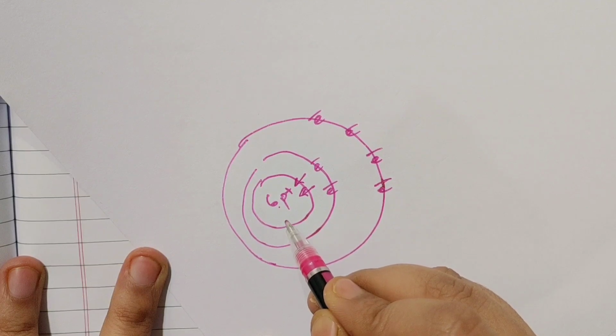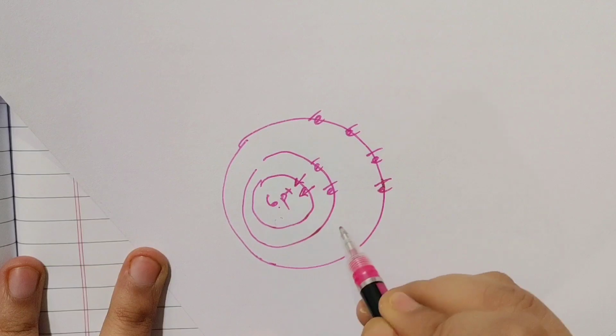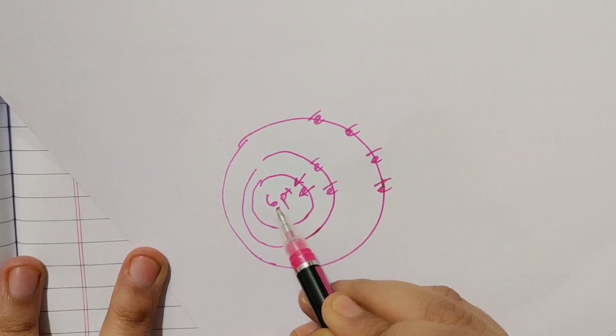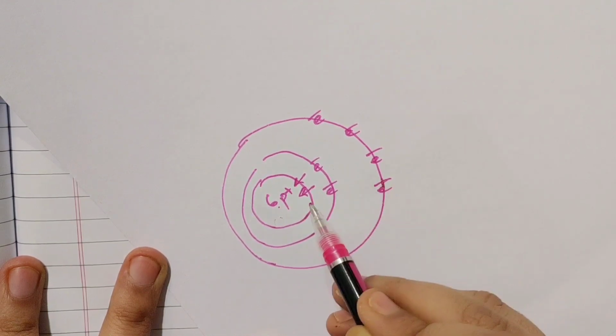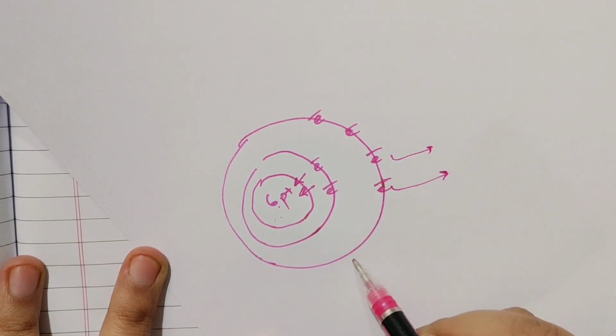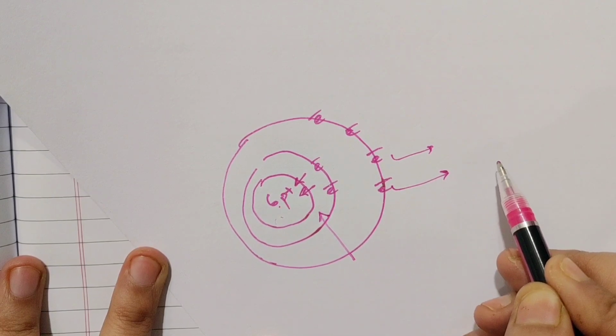There are neutrons also here, but right now we are not showing them because they are insignificant to understand this concept. So these electrons are facing a pull towards the nucleus. In other words, these protons are sort of holding these electrons, right? Now, if you want to remove these electrons, we need to give energy to overcome this attraction. Then only we can pull the electrons.